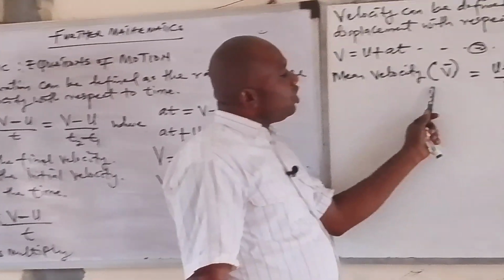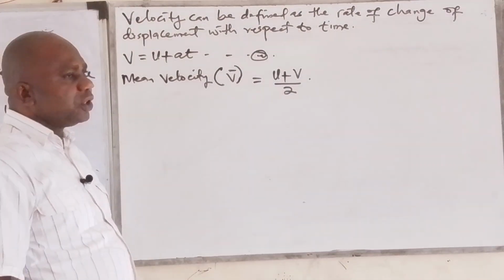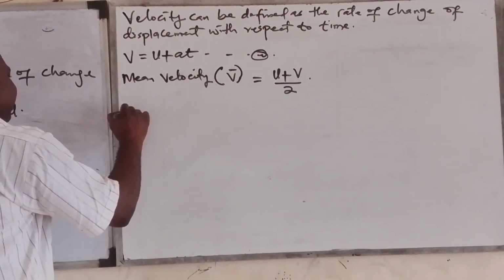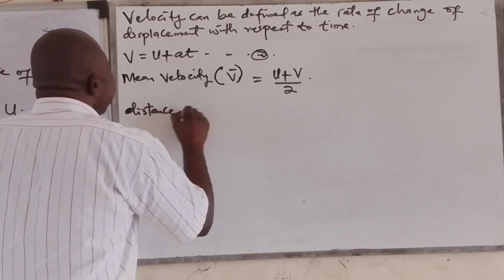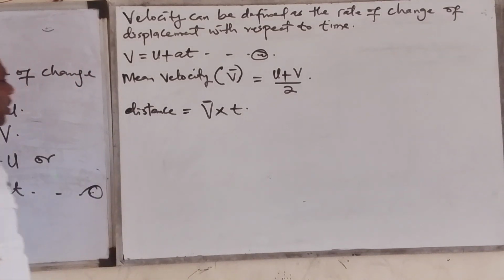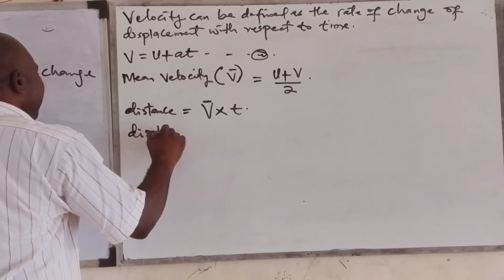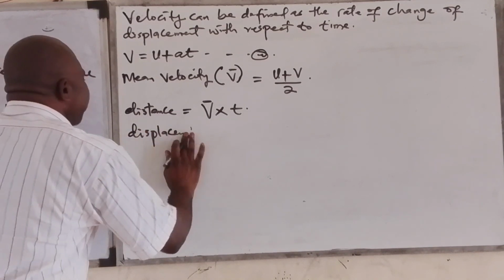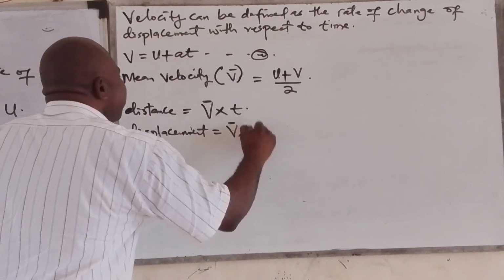So the mean velocity is initial velocity plus final velocity all over 2. Now, let's call this distance. Distance is mean velocity times time. Or let's call it displacement. Displacement is mean velocity times time.